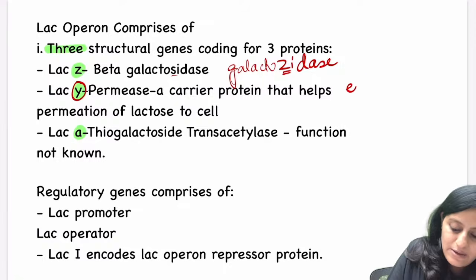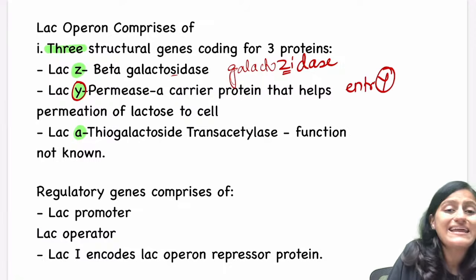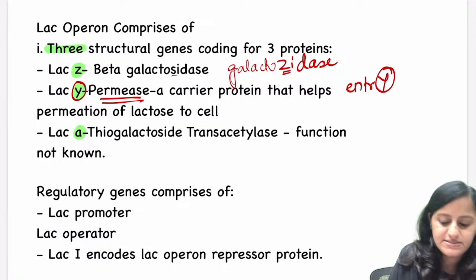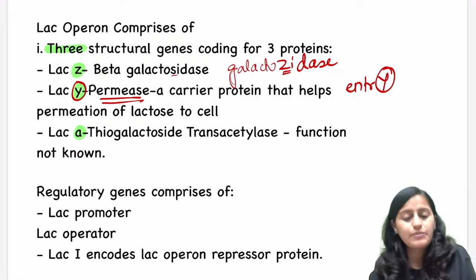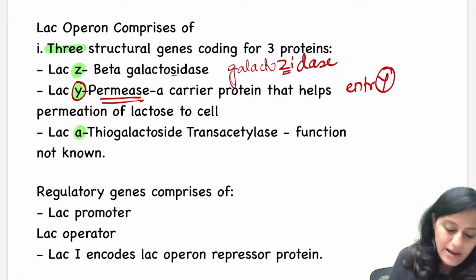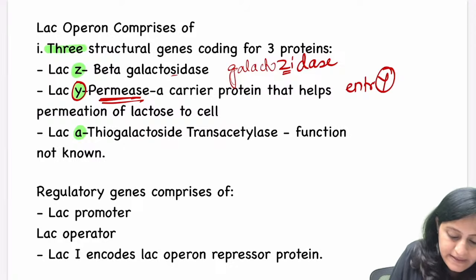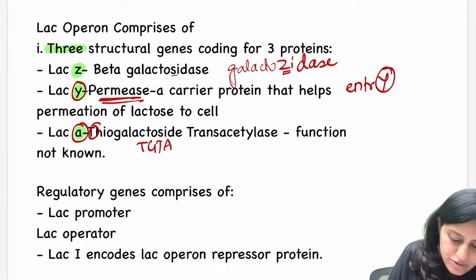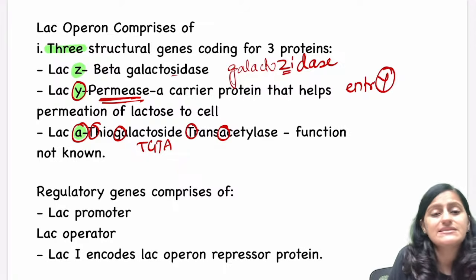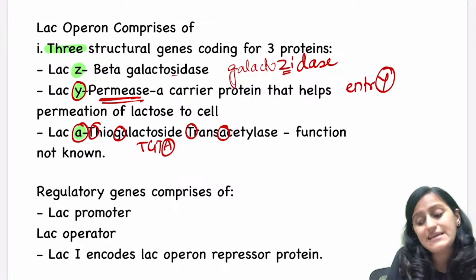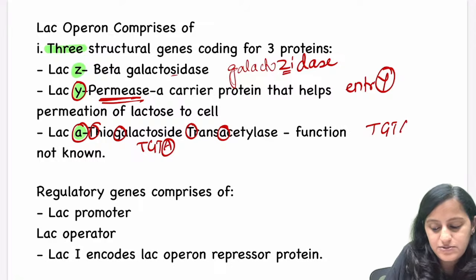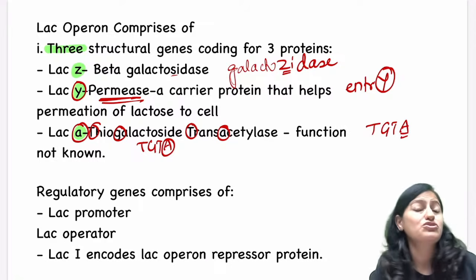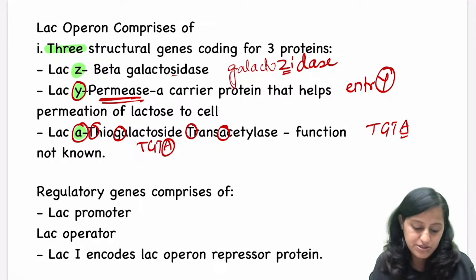Y is the one which is responsible for entry. It is permease, the carrier protein which is allowing the lactose to go into the cell. Y is for entry, permease. A is, remember, like TGTA, thiogalactoside transacetylase. So A for A, TGTA, thiogalactoside transacetylase. If at all you are asked a question like this, you should know this.